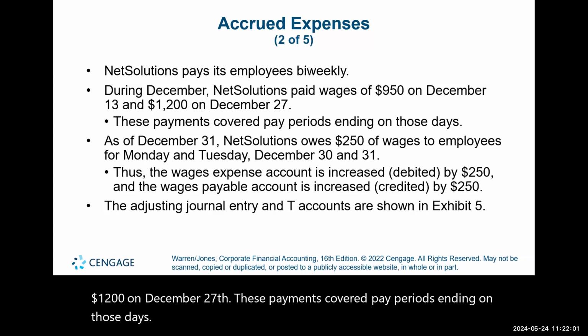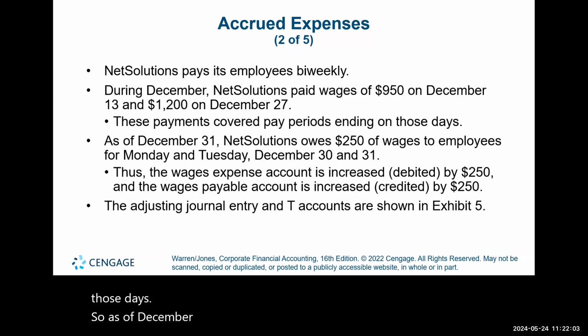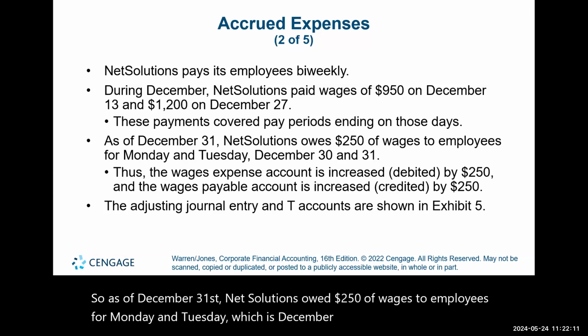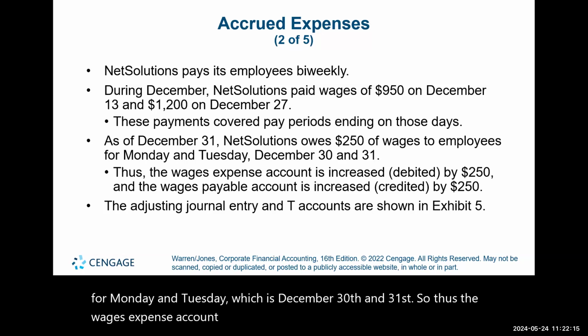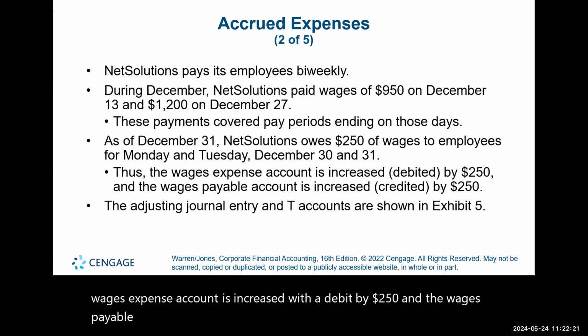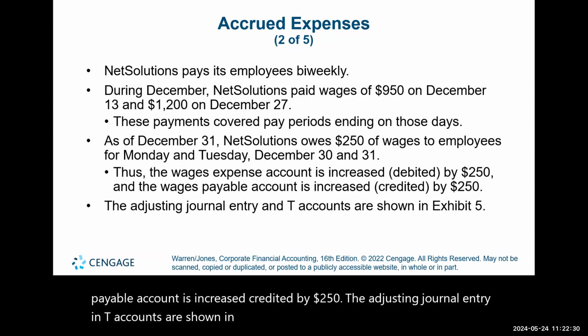So as of December 31st, Net Solutions owed $250 of wages to employees for Monday and Tuesday, which is December 30th and 31st. So thus, the wages expense account is increased with a debit by $250, and the wages payable account is increased, credited by $250. The adjusting journal entry and T accounts are shown in the next exhibit.